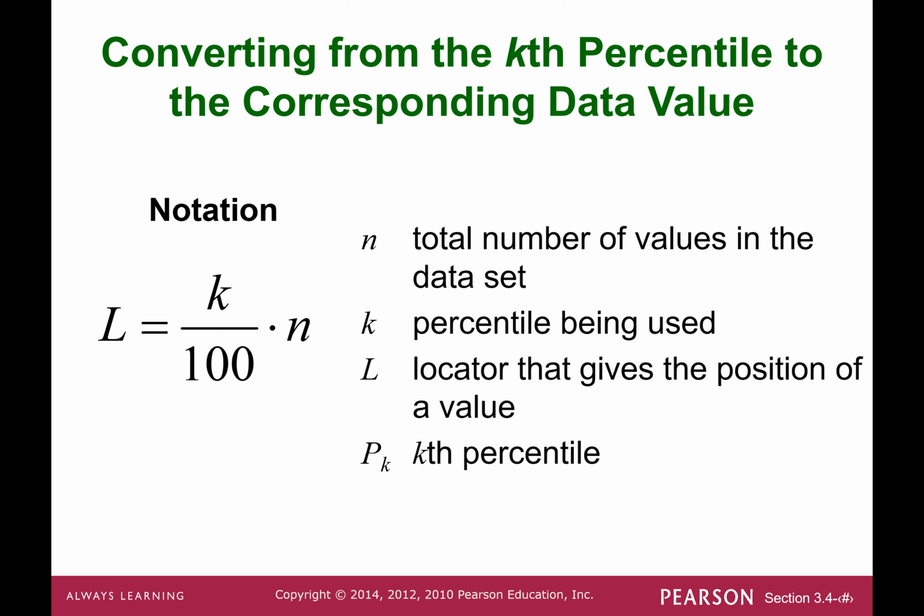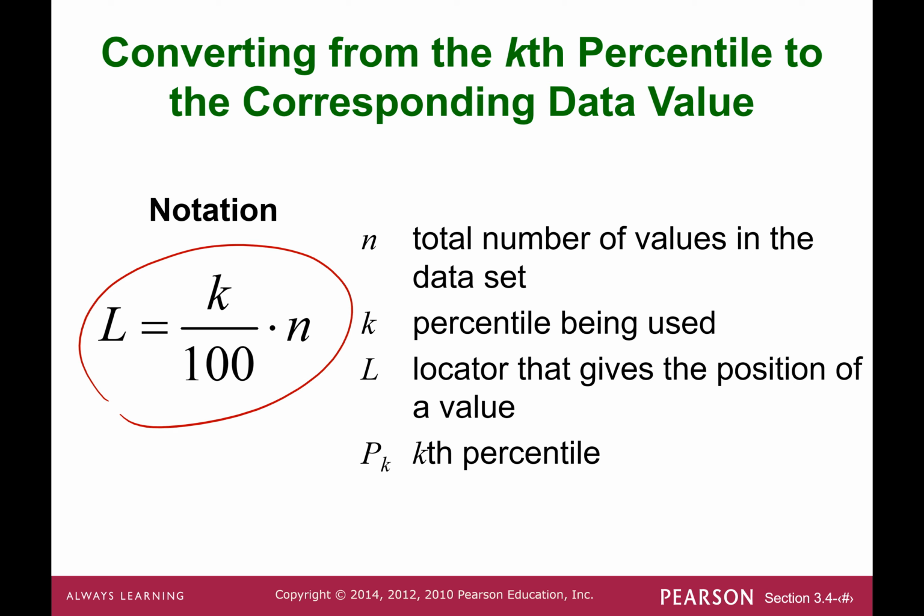Sometimes we may have to go backwards. We may know the percentile of the data value, but we want to go back to the corresponding data value. So that is the inverse process. Now you know the percentile, and you want to go back to the corresponding data value. Here we use this formula.